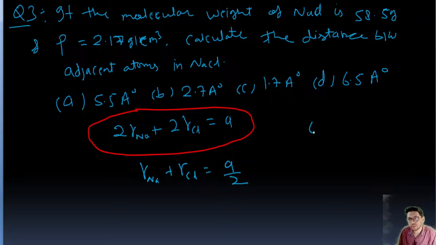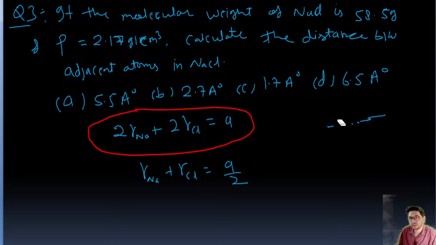This is the crystal, this is the radius of Na, and this is the radius of Cl. The distance between them we need to find out. So this is going to be a by 2, because this complete distance from the center is a by 2.